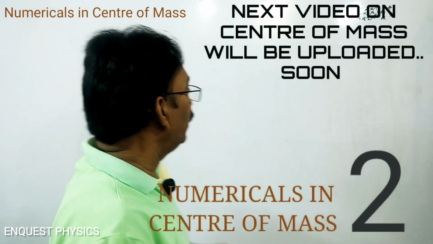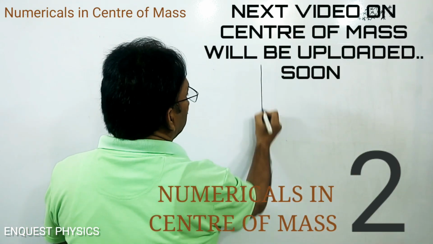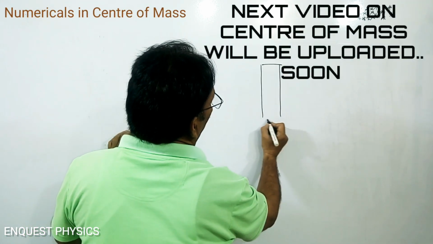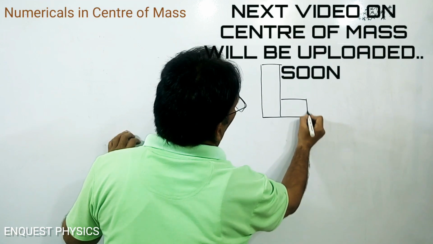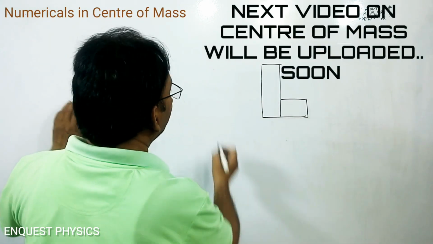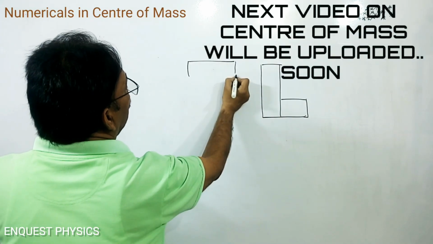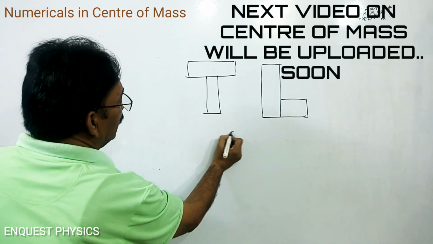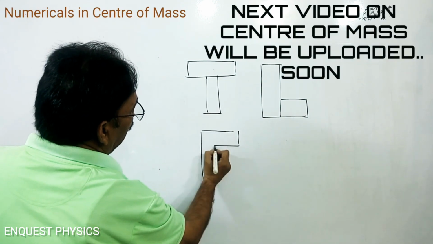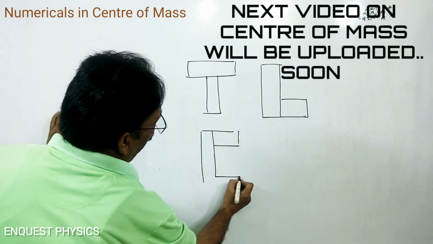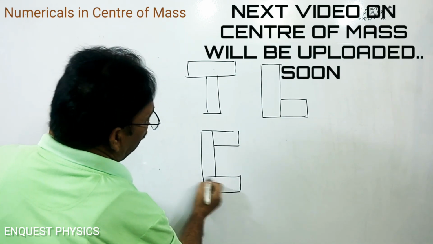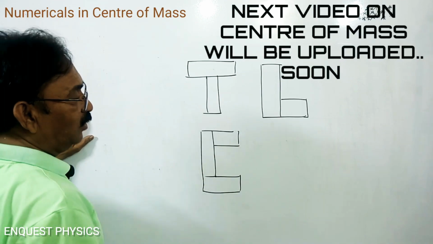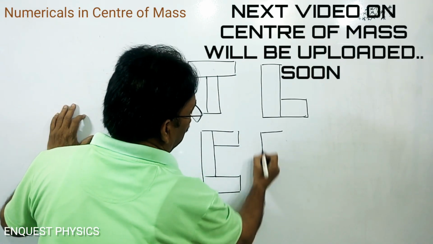In that one, you will learn how to locate the center of mass of different shaped bodies like L, T, and when the structure is like C. We have different structures, students.